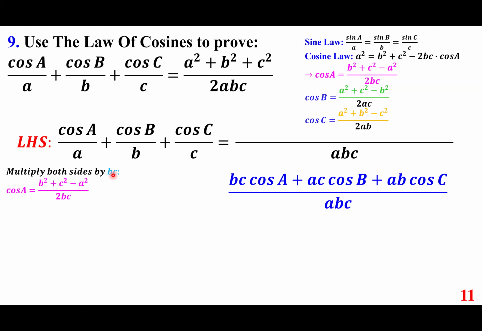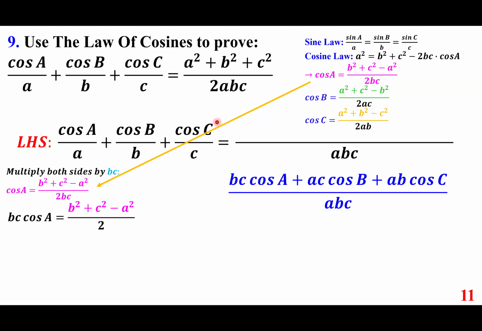So if I multiply this one by BC, this becomes BC cosine A, and this becomes just 2. Now let's go to this one.